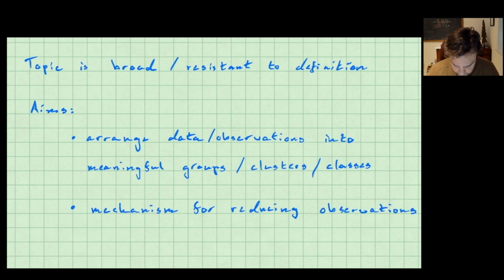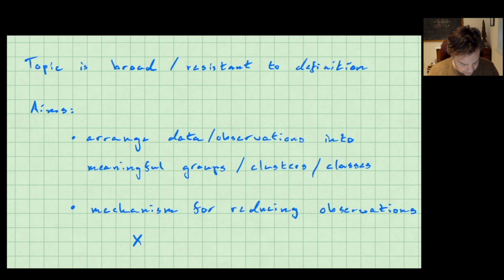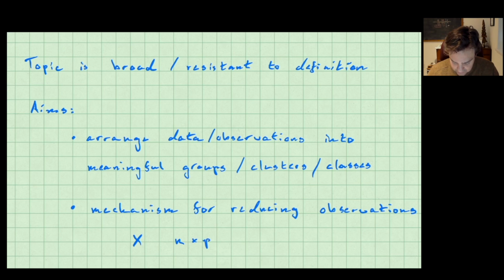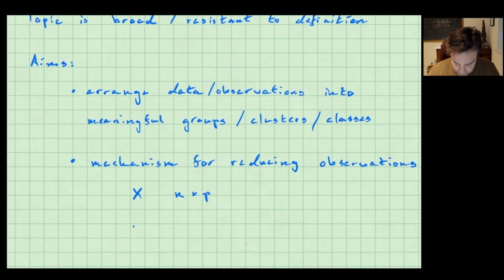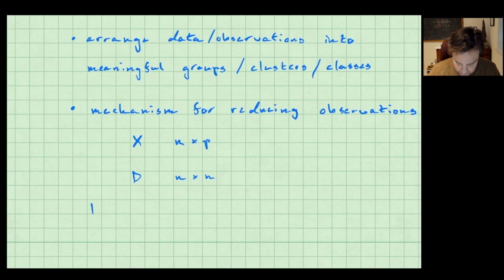Right, so the data matrix X, which has all the observations in each row, has n rows and p columns. That's the notation we've been using. We also talk about the dissimilarity or distance matrix, and that, if you have n different observations, is n by n. As you've seen, principal component analysis, which we spent a lot of time on, and multidimensional scaling, which we had 4 lectures on recently, both reduce p, or at least they can.